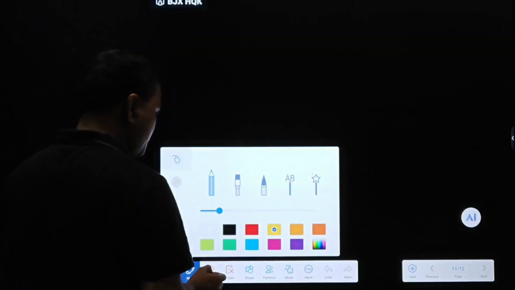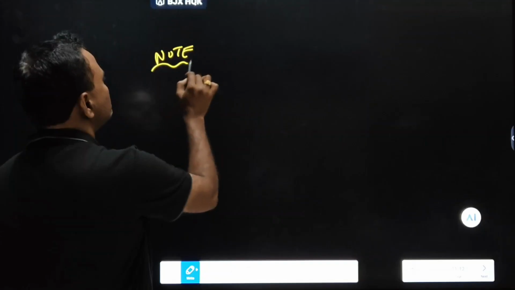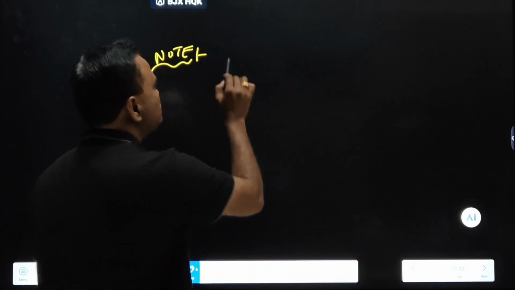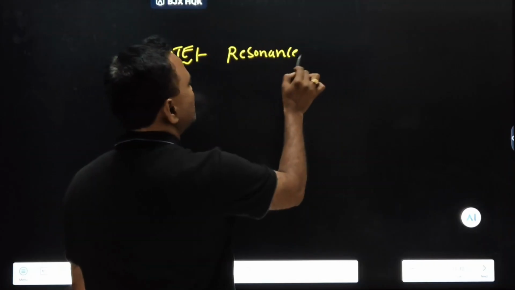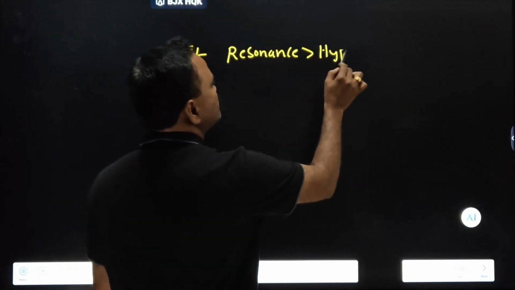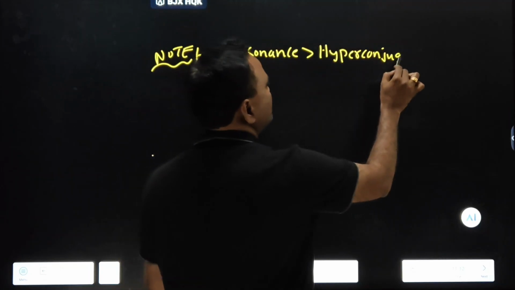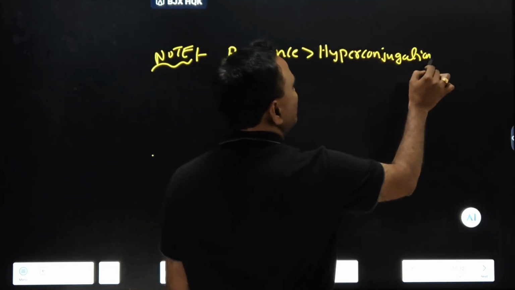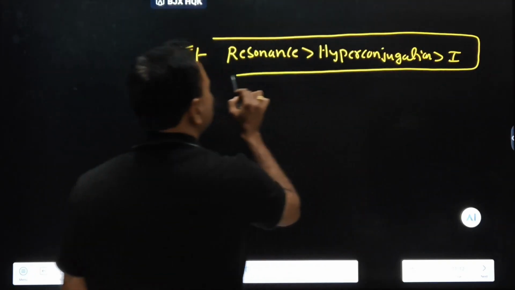I am giving that point under a note. While predicting the stability of carbocations, first give priority to resonance, then give priority to hyperconjugation, and after that, the inductive effect. I stands for inductive effect.